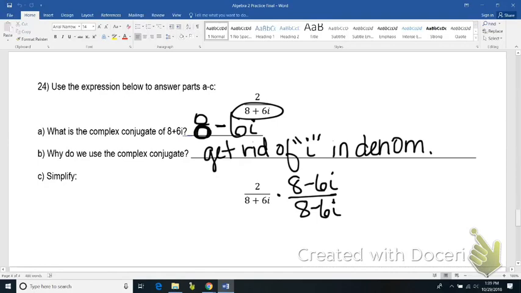I'm going to just abbreviate for now. Okay. All right, so the top multiplication problem is much easier than the bottom because up top we only have to distribute. What's 2 times 8? Yeah, and then 2 times negative 6i is negative 12i.